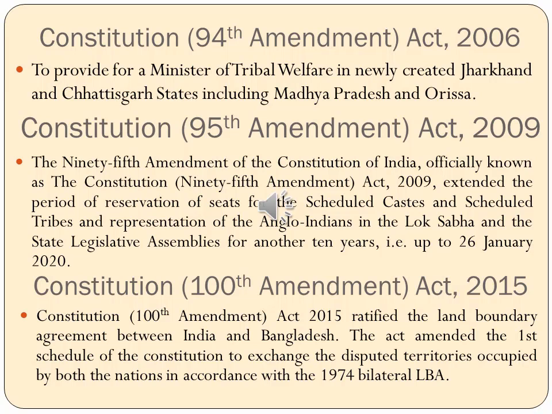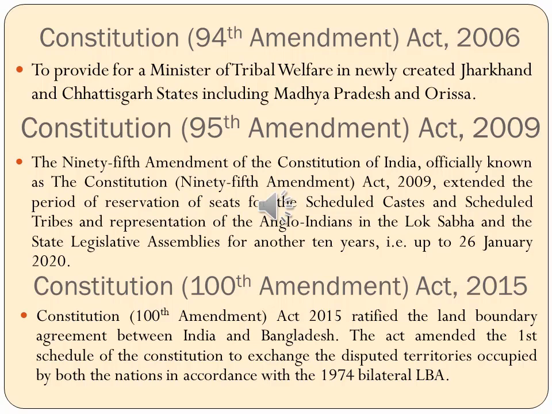The next Amendment Act is the 100th Amendment Act that happened in the year 2015. So the Constitution 100th Amendment Act in 2015 ratified the land boundary agreement between India and Bangladesh. So the act amended the first schedule of the Constitution to exchange the disputed territories that were occupied by both the nations in accordance with the 1974 bilateral LBA.